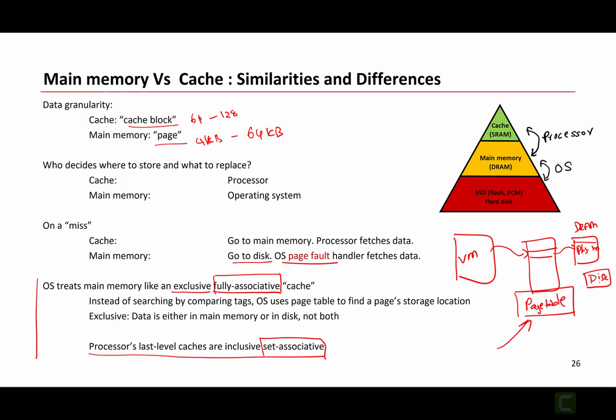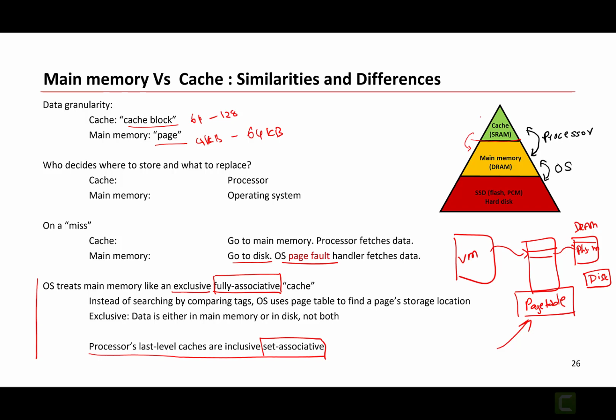But if you think about a cache, a given cache block always has a corresponding copy in the main memory. There is a reason why this is not such a big problem for caches: even though it's duplicating the data, cache is a much tinier fraction of the main memory.